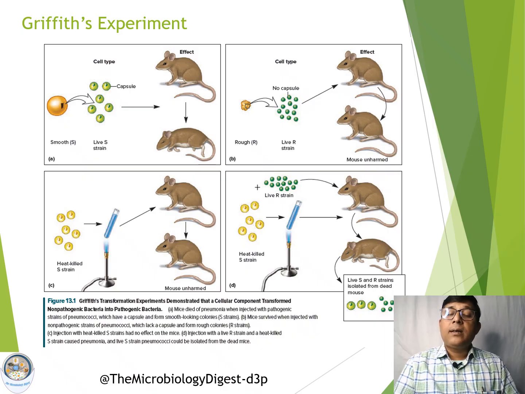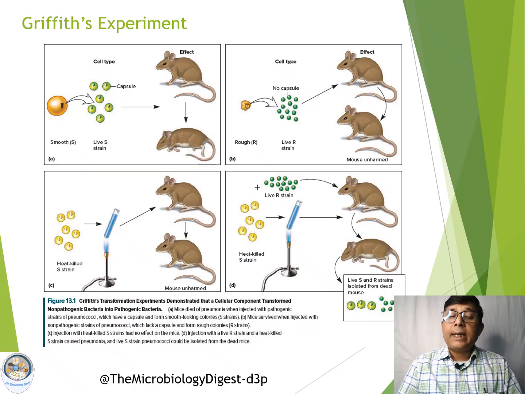And Griffith could recover the virulent strains of Streptococcus pneumoniae from the dead mice. So, what was the conclusion? The genetic material from the dead or killed virulent strain was transferred to the avirulent strain, and they transformed to become virulent, although they were initially avirulent or non-virulent.